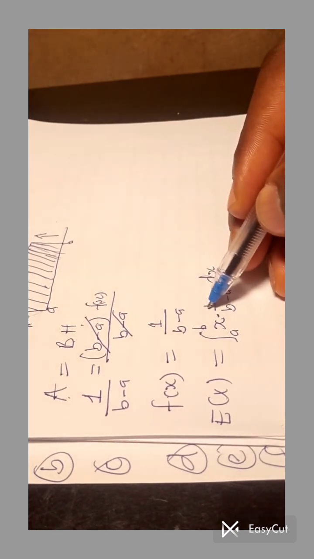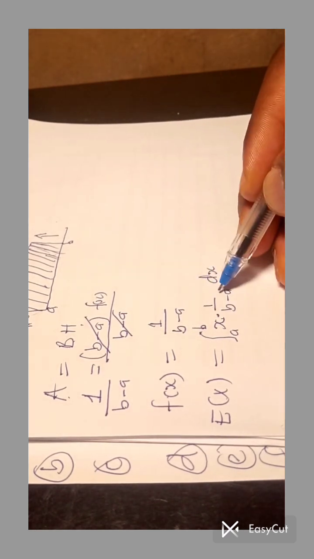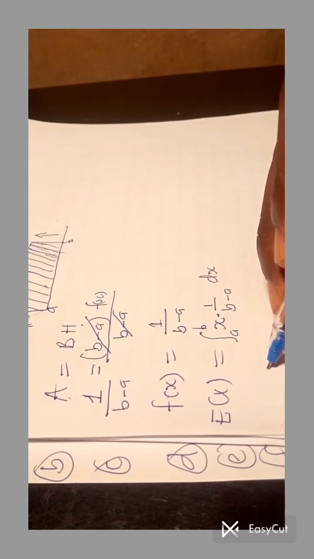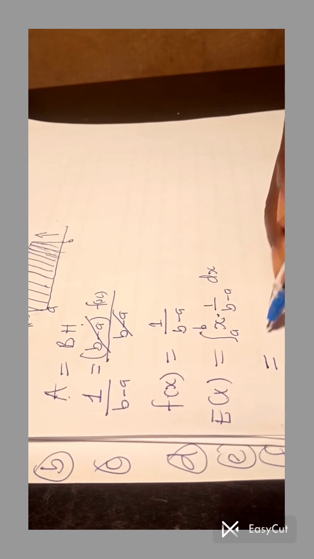And since this particular one is a constant, we take it outside the integral, to the front of the integral sign, and that gives us 1 over b minus a times the integral from a to b of x dx.